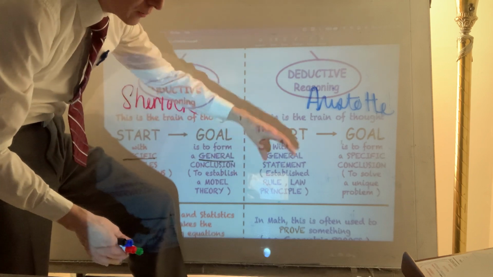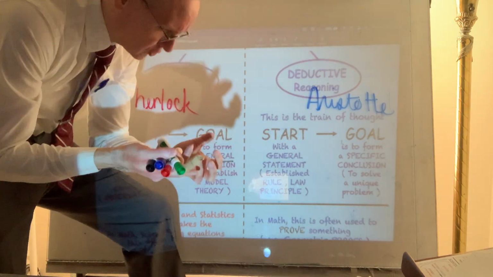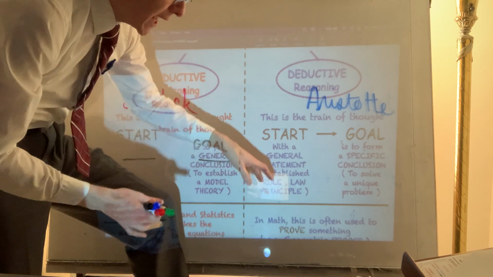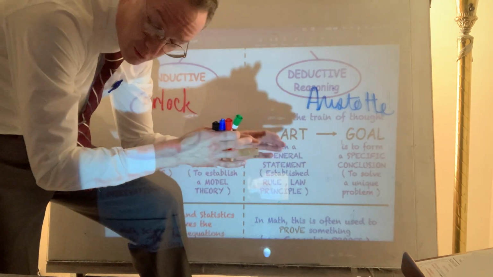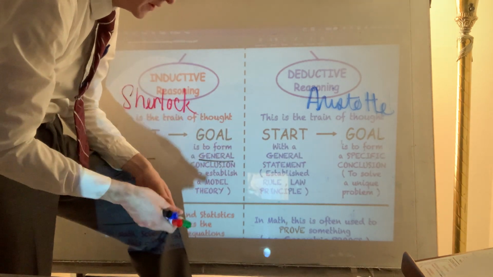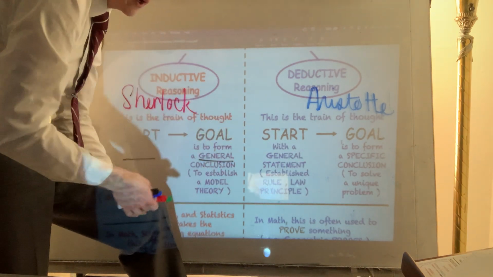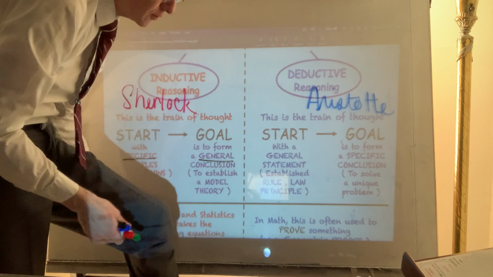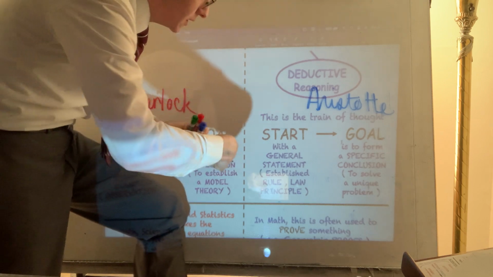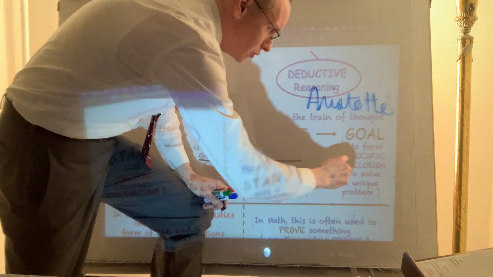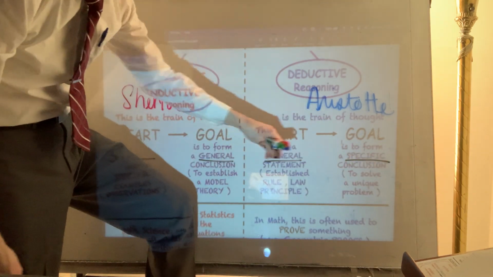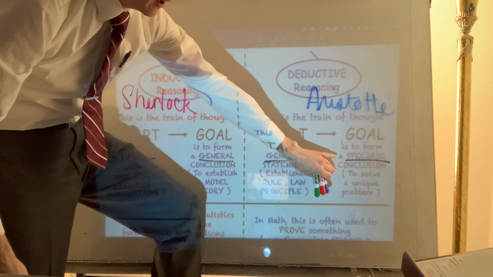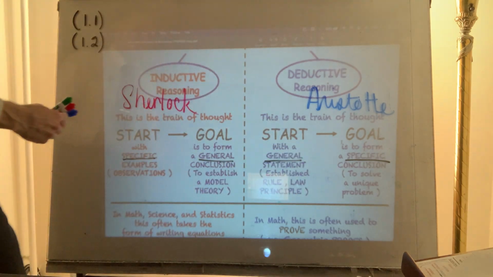But anyhow, you start with a given set of rules, and you try to form a specific conclusion, some unique specific example. Why is this a triangle, given the theorems of triangles? So you start with something general, you end with a specific conclusion. You want to apply the rules to solve a specific problem.